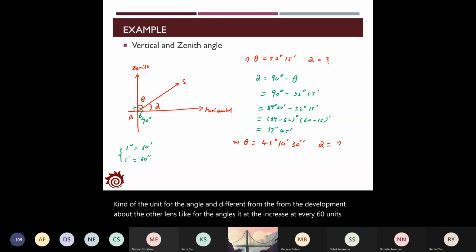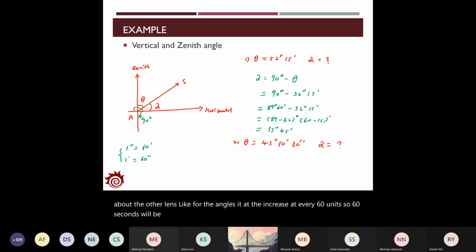So 60 seconds is 1 minute, and 60 minutes is 1 degree. And 1 revolution is 360 degrees. I saw some of the solutions, and that solution is correct.